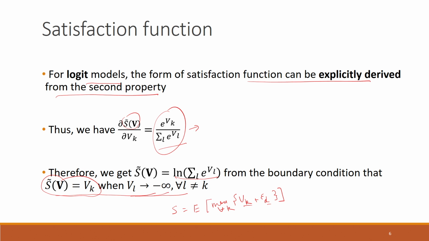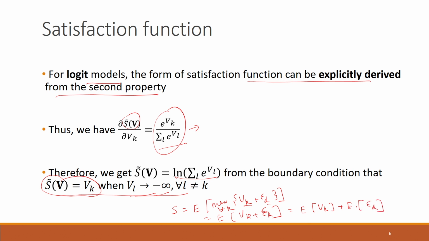So this will be equal to the expected value of Vk plus the error term for the kth alternative, which can be written as the expected value of Vk plus the expected value of the error term for the kth alternative.